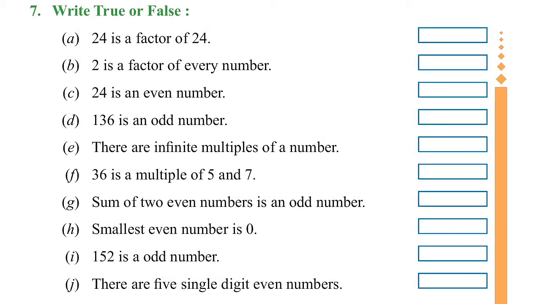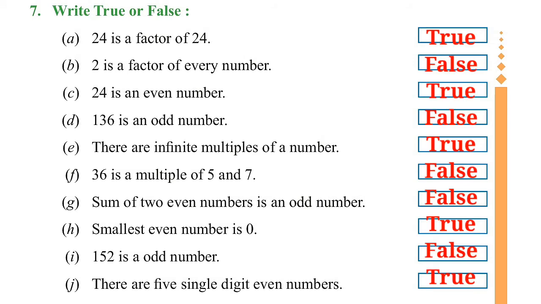Now seventh part is write true or false. A part 24 is a factor of 24. So this is true because every number is a multiple of itself, right? Or factor of itself, right? B part 2 is a factor of every number. 2 हर किसी का factor होता है. So this is wrong because 2 is a factor of even numbers, right?